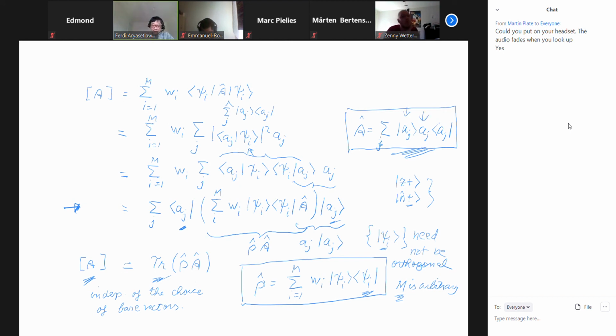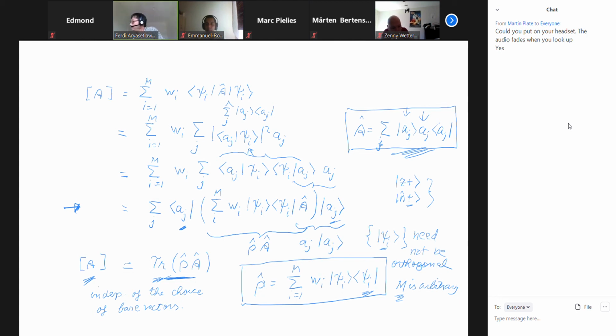But this particular form of the trace is independent of them, so we can choose other basis vectors to calculate this ensemble average.